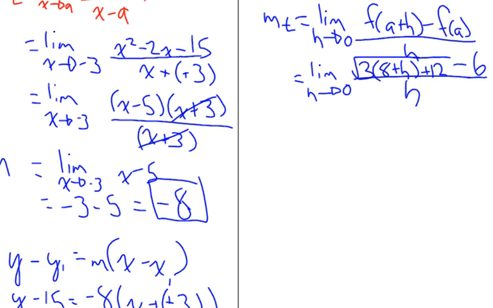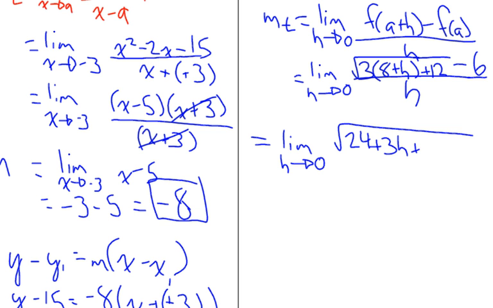So next we can just simplify everything. Limit as h approaches 0. So we're going to make this 24 plus 3h plus 12 minus 6 over h.